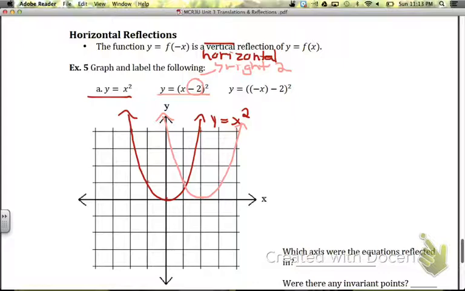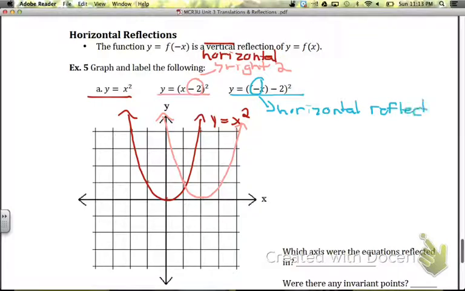So now we want to look at our last function here, and that is y equals (negative x minus 2) squared. Because of this negative in front of the x, we have a horizontal reflection.